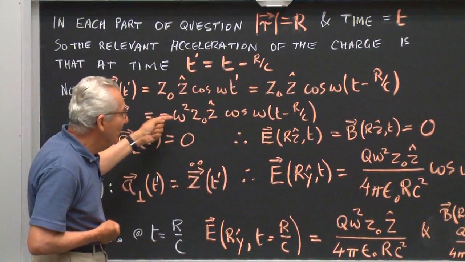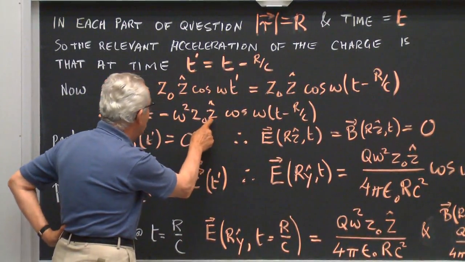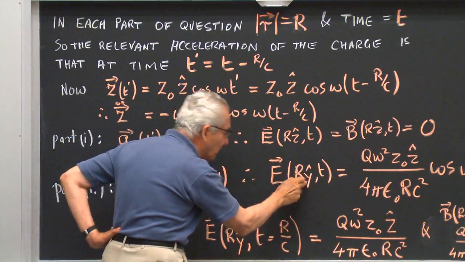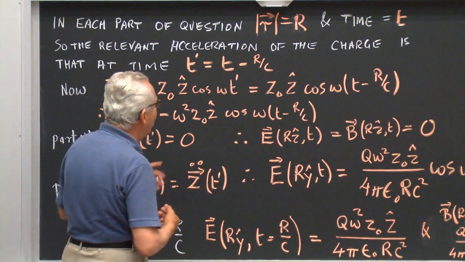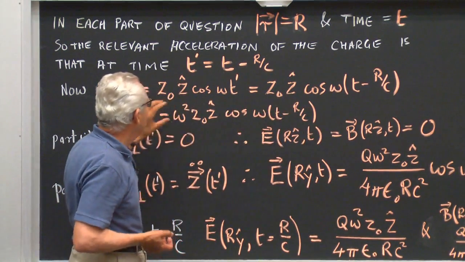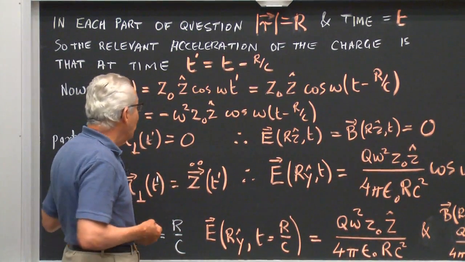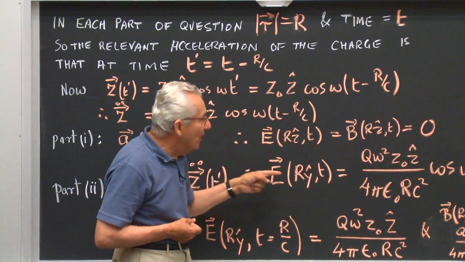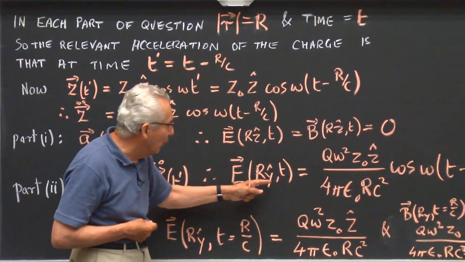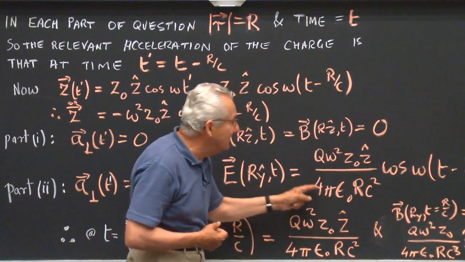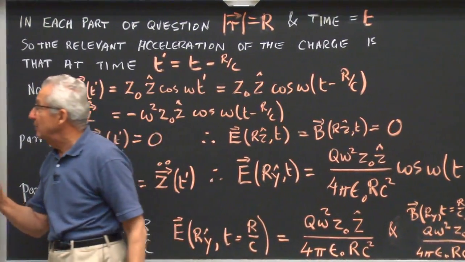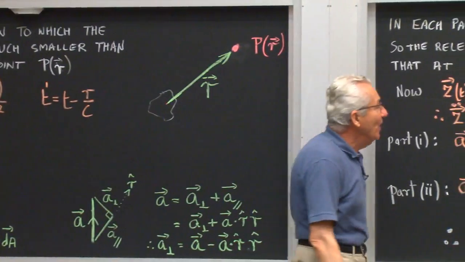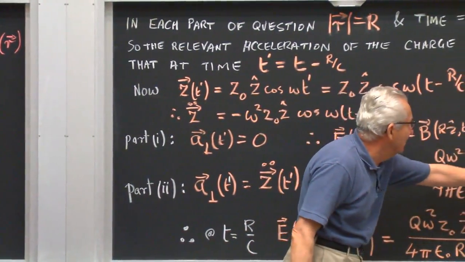This acceleration does have a component in the z direction which is perpendicular to the y direction. So in our formula, this is E perp. We can plug it into that formula, and we get that the electric field at position r along the y-axis is given by this. Let me just remind you, I've just taken this formula and plugged in the A perp, and I end up with this equation.